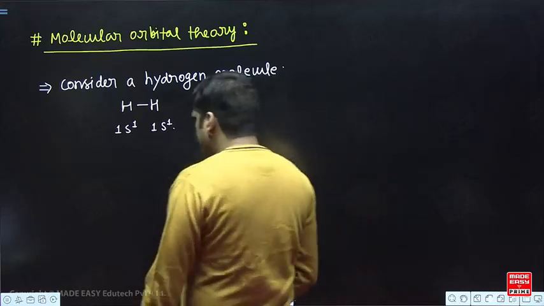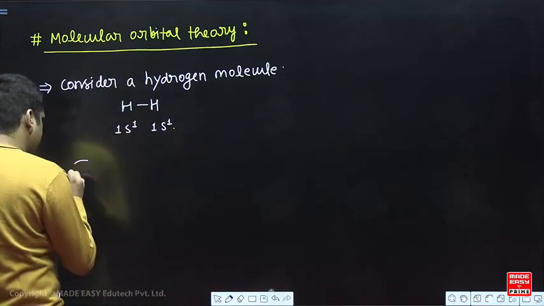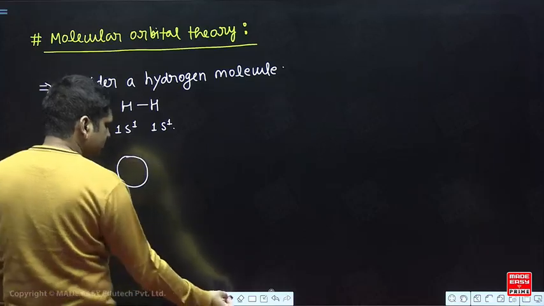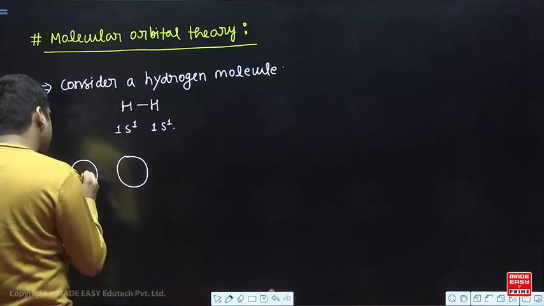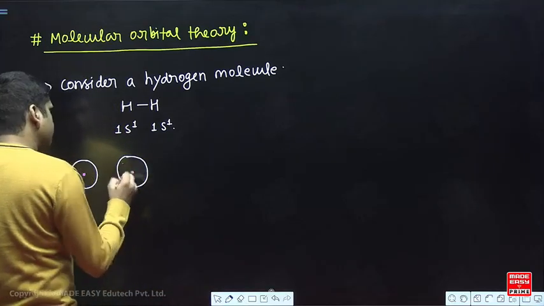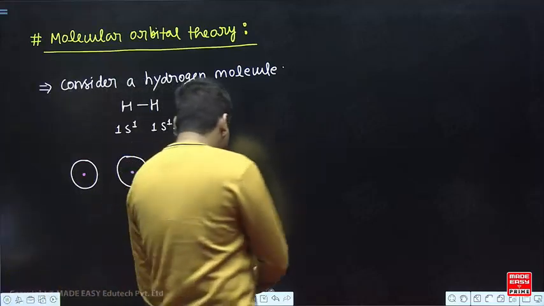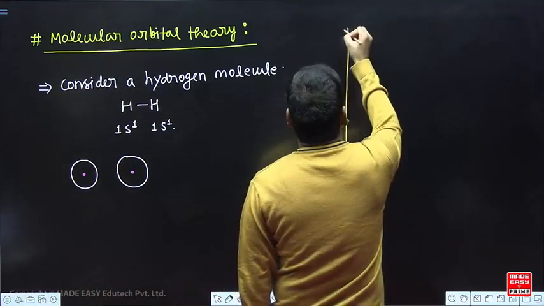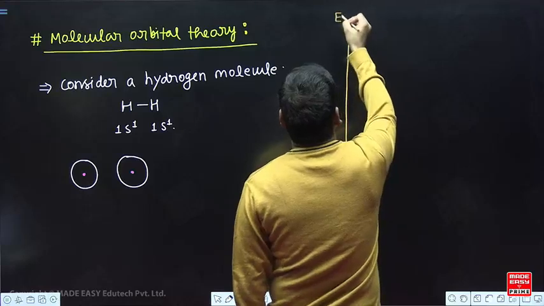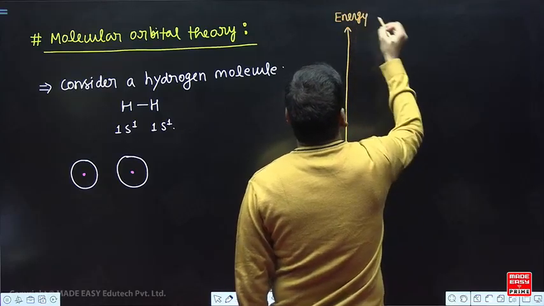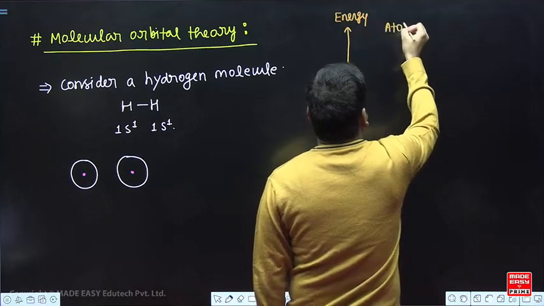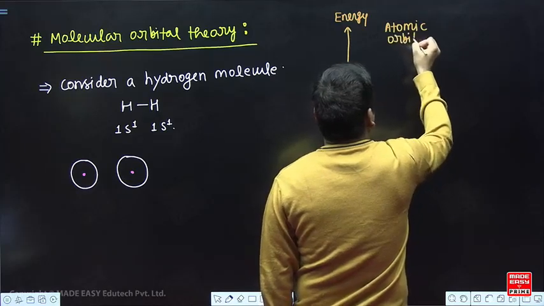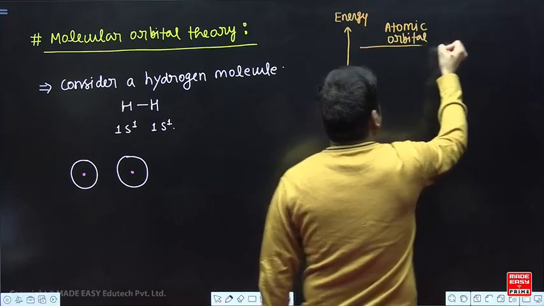Let us suppose you have two hydrogen atoms, this one and this one. Initially I am assuming they are far away from each other. So if I plot their energy, this is energy bottom to top. So here atomic orbital, right?